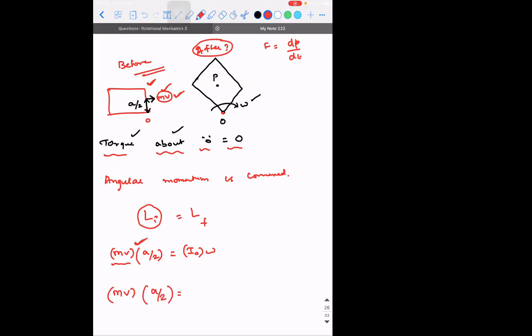Can I say I naught is equal to, I'm going to apply the parallel axis theorem. Can I write it as the moment of inertia about the center of mass plus the total mass of the object into OP square, into omega. So I applied the parallel axis theorem.